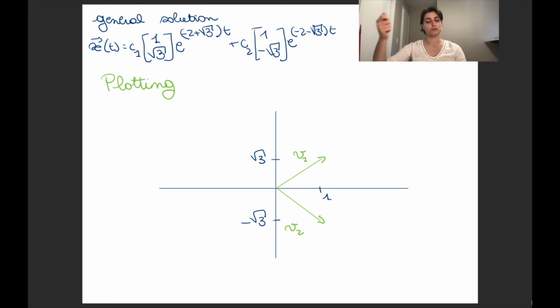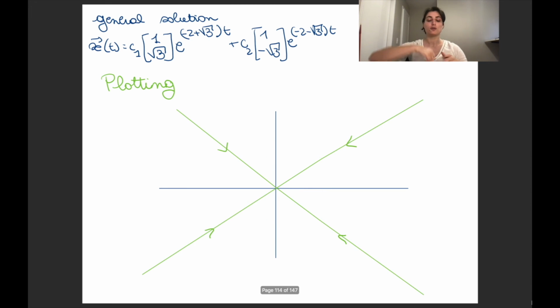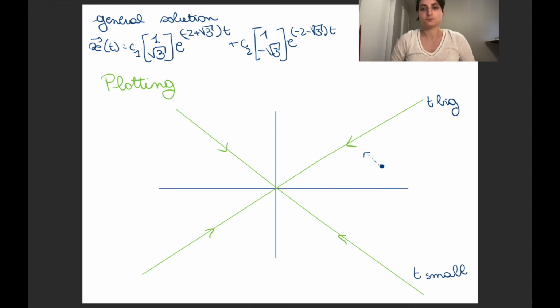That means that if we do the plotting, we plot the first eigenvector and the second eigenvector, we stretch them to be lines, and we know all of them are moving towards 0. For a point that is not on the eigenvector itself, if we start at any other point, for t small, we are moving in the same direction as the second eigenvector.